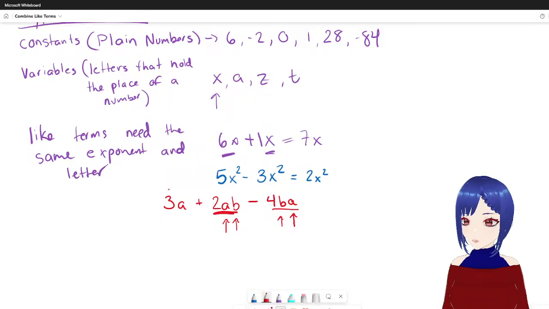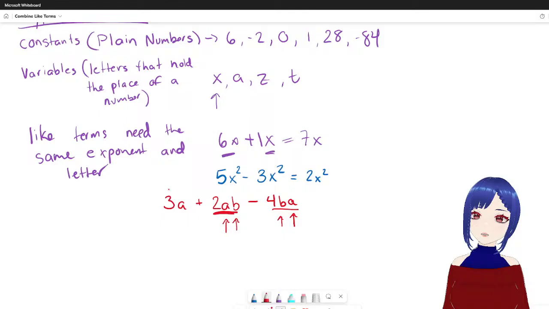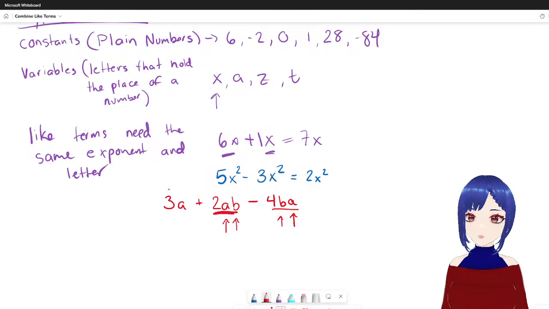Something else you can do to help you if you're doing things like this is go through all of your terms at the beginning, and if any of them have multiple letters involved, you are allowed to do this because you'll learn. Maybe I'll do a video on these later. If you're in this stage of algebra, you would have learned about the algebraic properties. One of them is the commutative property, and that applies to multiplication.